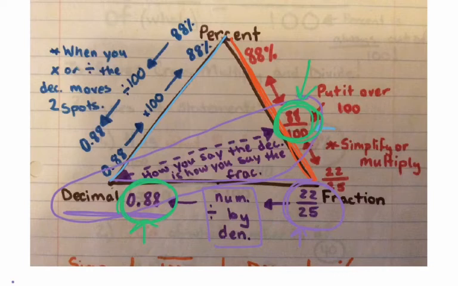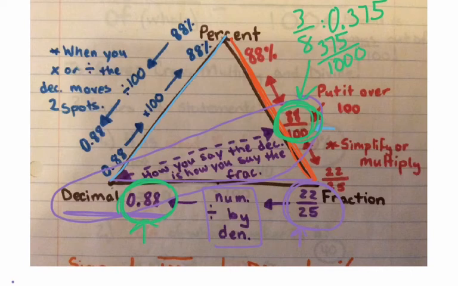What might change is in our last video, so I'm going to write it out for you up here in the corner, we had 3/8, and if I do 3 divided by 8, that's going to give me the decimal 375 thousandths. And if I wanted to take this to fraction form, I could start it as 375 thousandths, because that's exactly how I say the decimal is how I write that fraction.